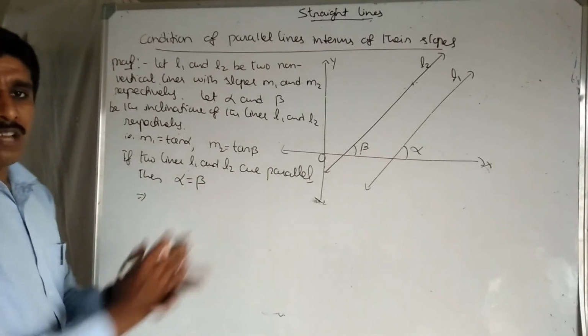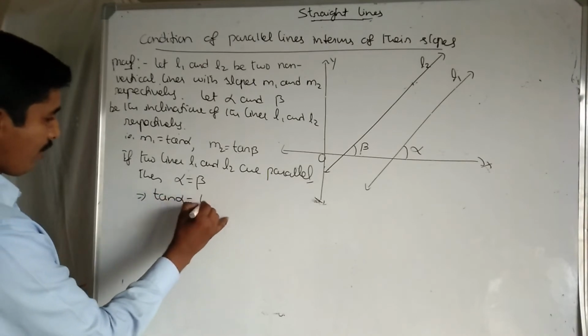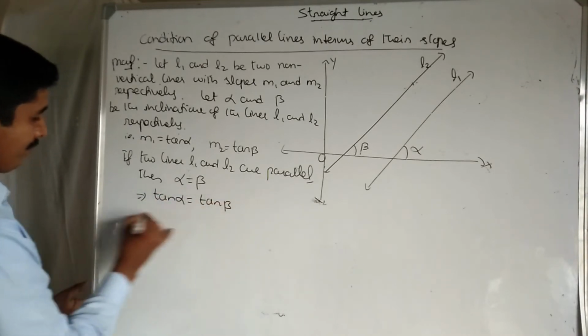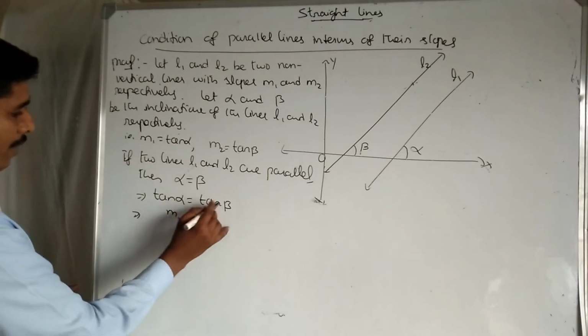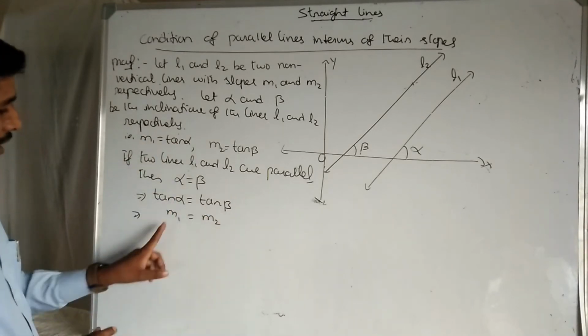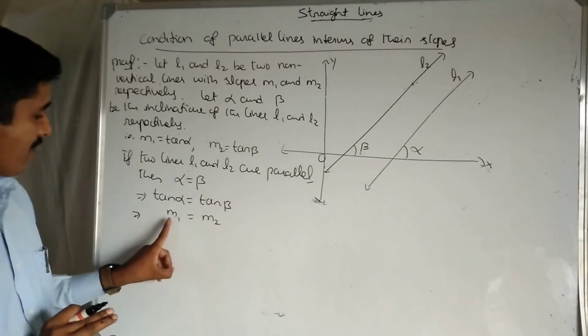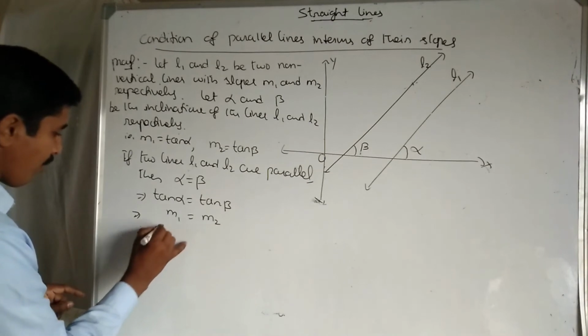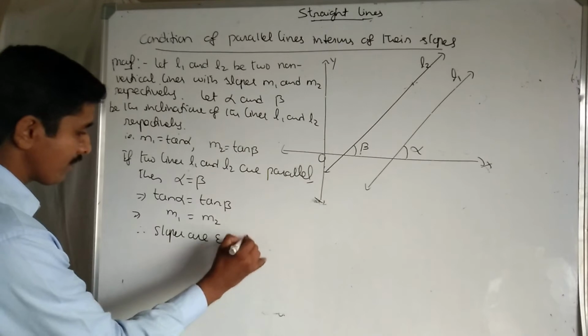Now taking tan on both sides: tan alpha equals tan beta. Here tan alpha equals m1 and tan beta equals m2. M1 is the slope of the first line, m2 is the slope of the second line. This means their slopes are equal. Got it?